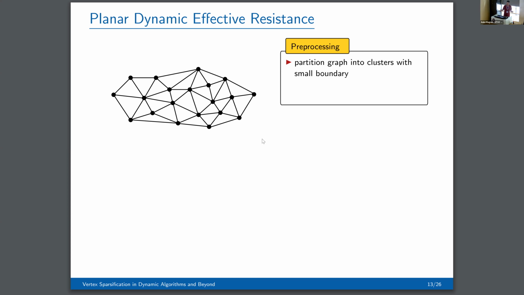If the size of the cluster is r, then the boundary is square root of r. This just follows from the planar separator theorem, which says that every planar graph has a separator of size square root of m. This is a classical result.